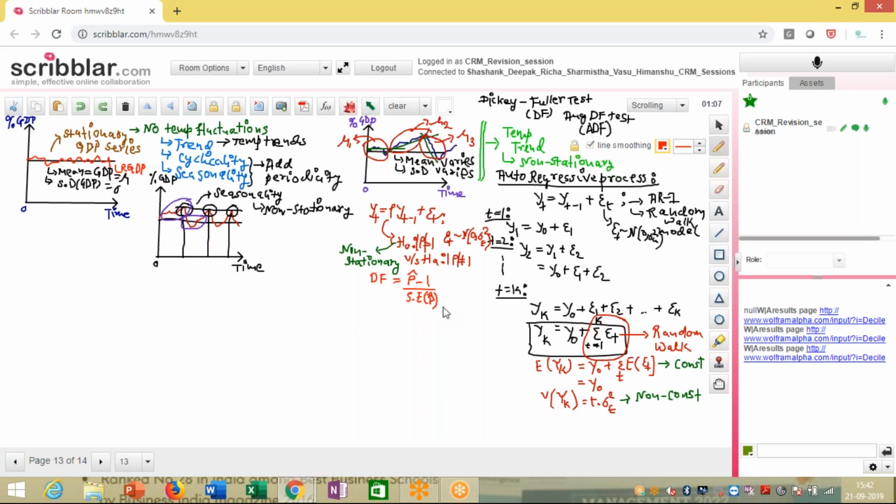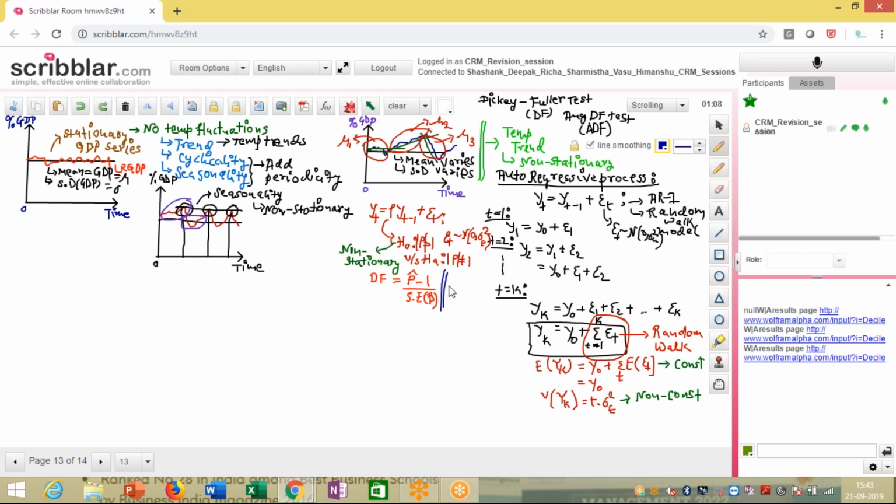So this is what we do when we test for non-stationarity, right? But the Dickey-Fuller test had a basic problem. So what was that problem? That it was applicable only to your AR1 processes.